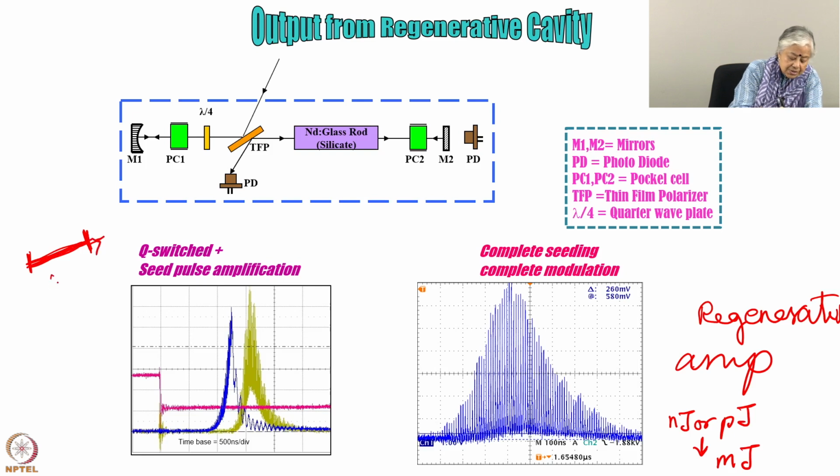Something like an oscillator, having 2 mirrors on the 2 ends, and within the same spatial domain of the active medium, you are passing that. It is going through the same spatial domain, okay, the pulse or the beam. It is going through multiply until it reaches the energy that you desire.